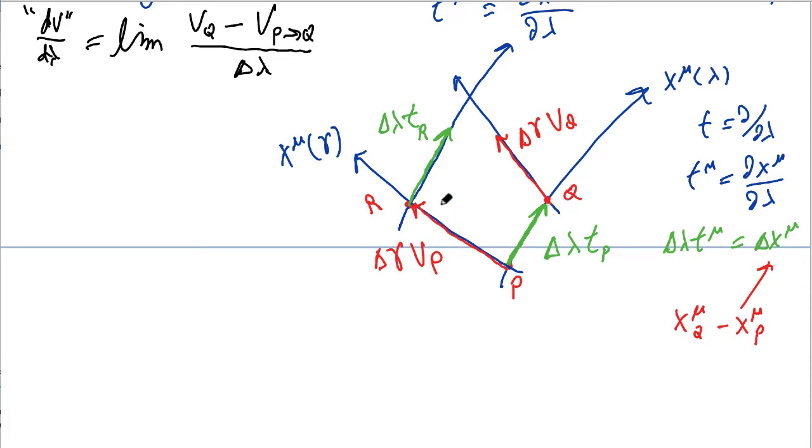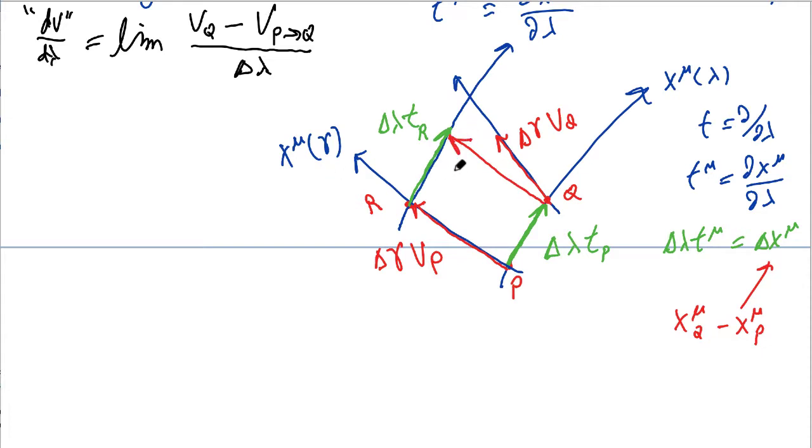Okay, so the idea now is we will transport this vector at point P by dragging its tail to the end of the green arrow here to point Q and dragging its tip to the end of the green arrow here. So that will give us a vector like this.